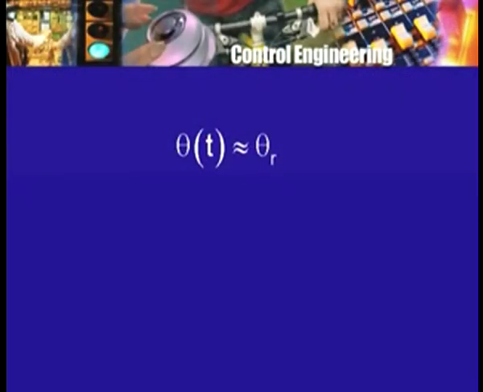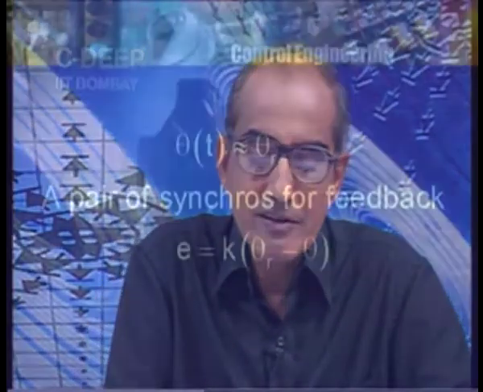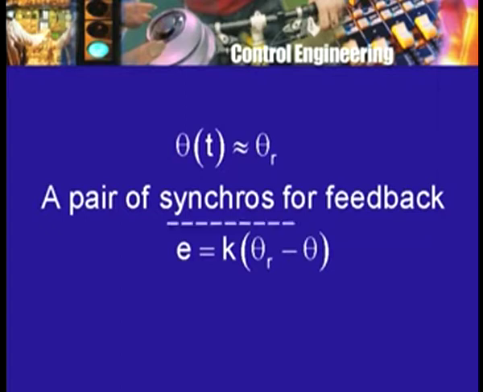Now, because speed is difficult to represent physically, directly, as I said, you cannot have something rotating at the reference speed serving as the reference. Therefore, we replaced it by the tacho generator. But in this case, the reference position being an angular position, it could well be represented by something physical. And in fact, this is what was done in the early days, and I mentioned this earlier, that one uses a pair of synchros.